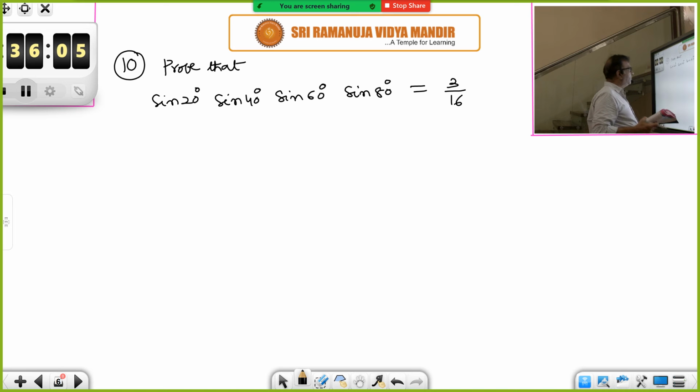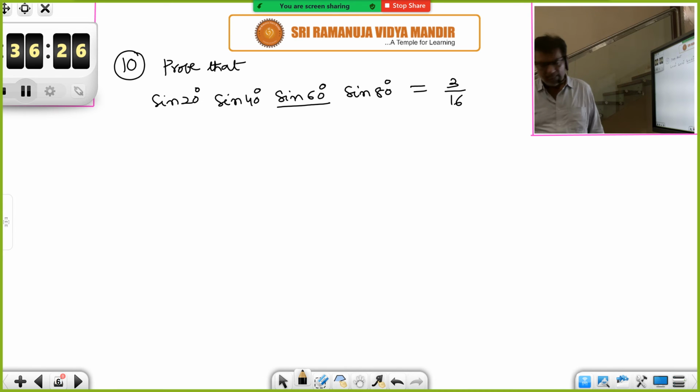Out of that, you know the value of only one factor. What is that factor? Sine 60 degrees, you know its value. The remaining factors' values you don't know. What is sine 20? What is sine 40? Sine 80? You don't know.